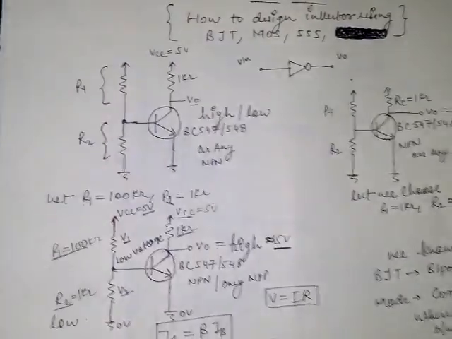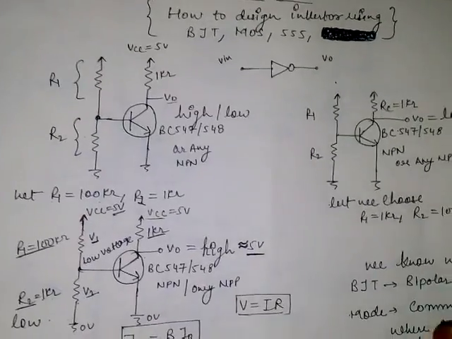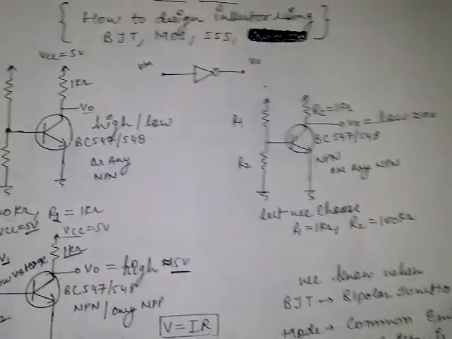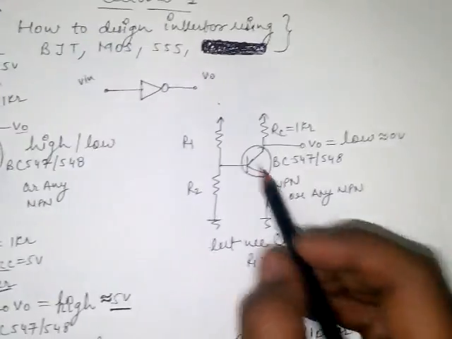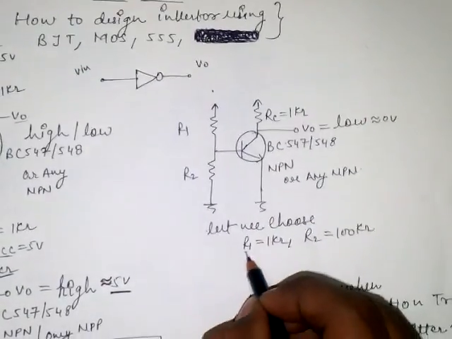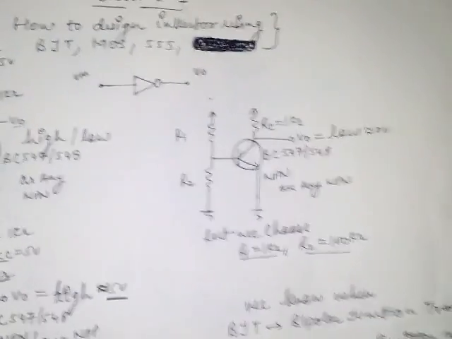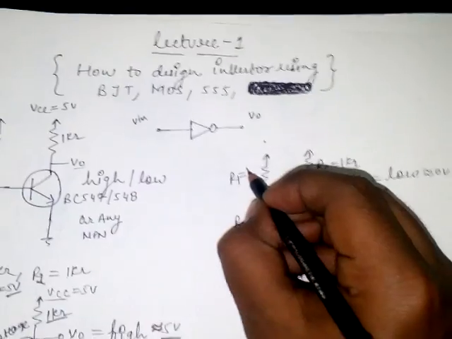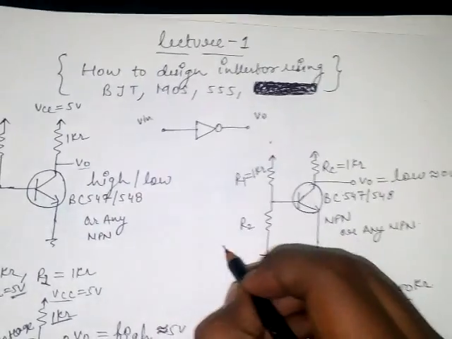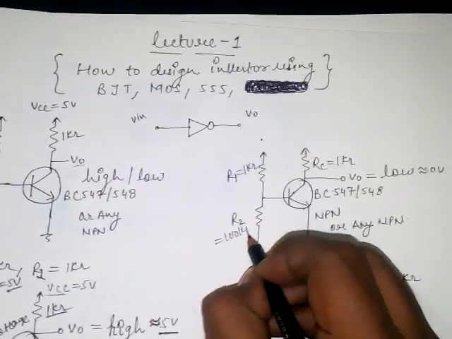Now let's see how to design another circuit to get the output 0 volts. Here we choose the values of R1 and R2 in inverted form: R1 equals 1 kilo ohm and R2 equals 100 kilo ohm.